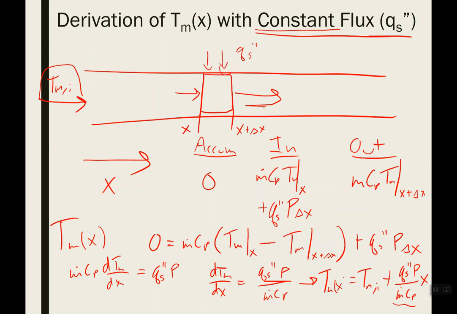And if we're applying a constant flux, that means our temperature is just going to increase linearly as it goes down the pipe. And we were able to actually solve that by doing a differential energy balance. And by solving that differential energy balance, separating and integrating, we were able to get our temperature profile, which is this sloppy looking equation here at the end.